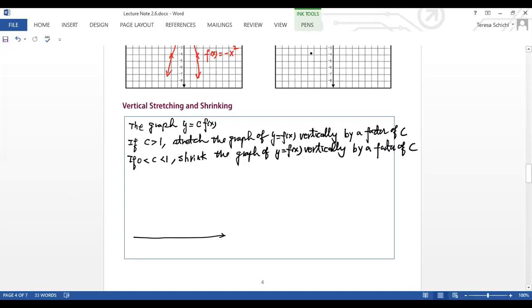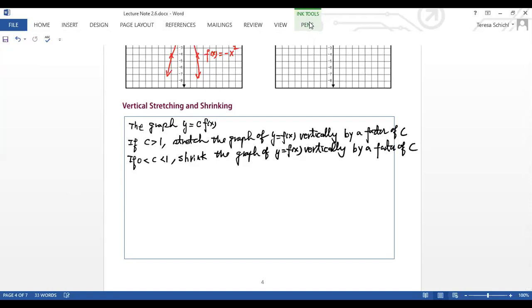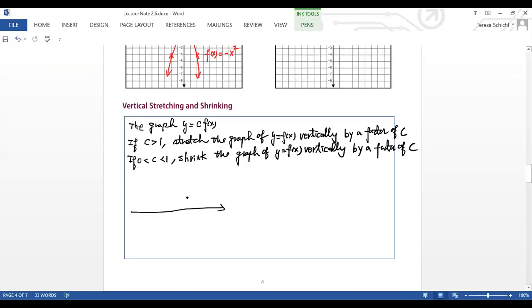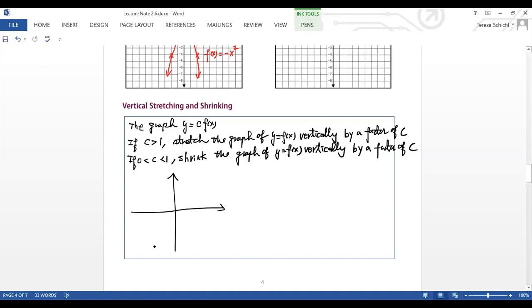If I have a function, this is my original function, my f of x.